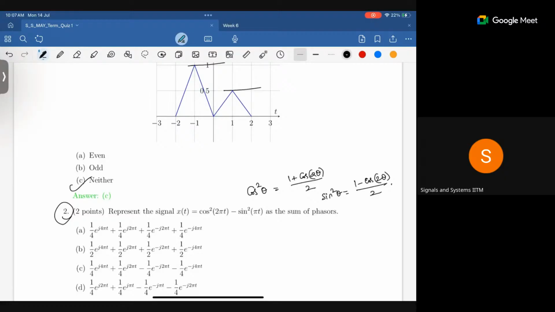Using these two trigonometric identities, you can simplify this, and then if we have to write it in the phasor form, we just have to bring in j sine theta into the picture and then do some manipulations and you'll get it. All right, so that we can do.